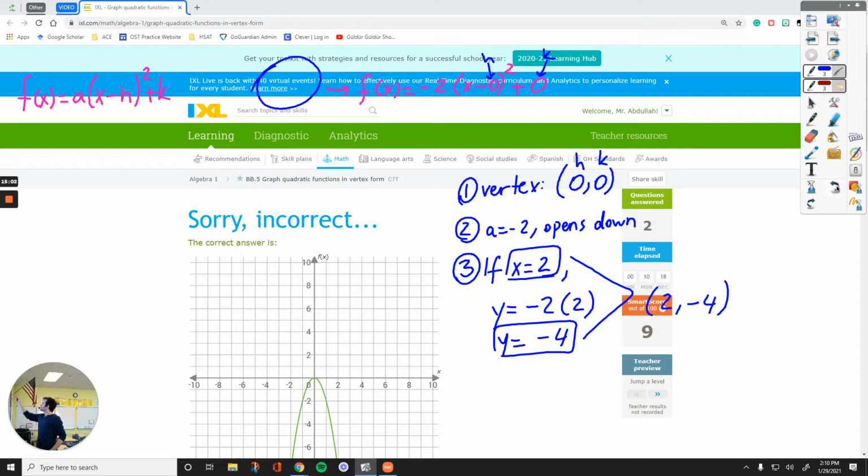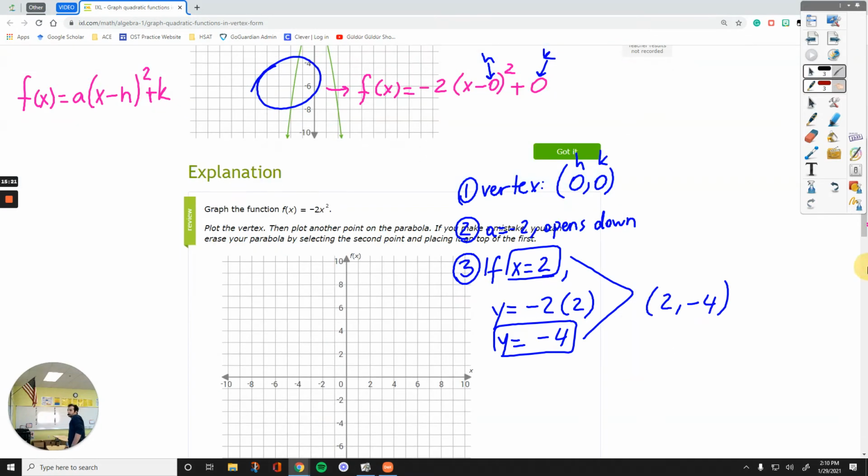Let me just use another color over here. So the general form was, did I even write it over here? Yeah, I did. Let me just show you. Scroll down. Okay, this was the general form, right there. I forgot to square the number that I plugged in, right?